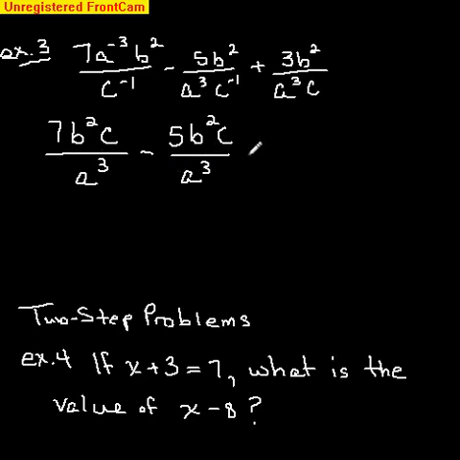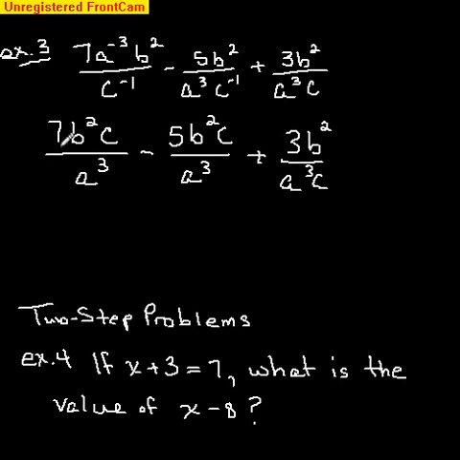Plus 3 b squared over a to the third c. Now we have a little bit of a problem here. This guy doesn't look like this guy or this guy. So this is not a like term, so we can't add 3 to our other numbers.